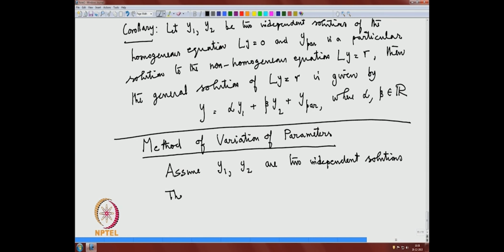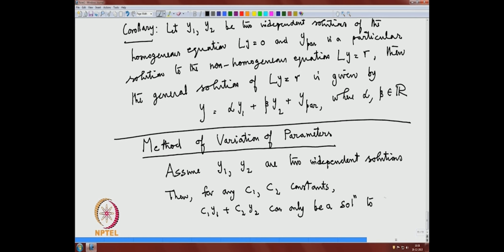What I am trying to say is that for any constants c1, c2, c1 y1 plus c2 y2 can only be a solution to Ly equal to 0.